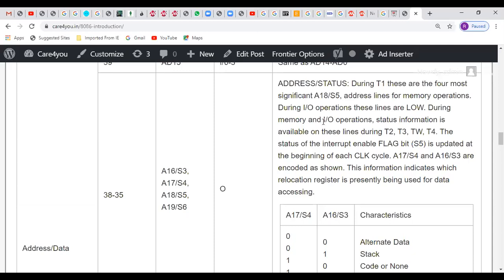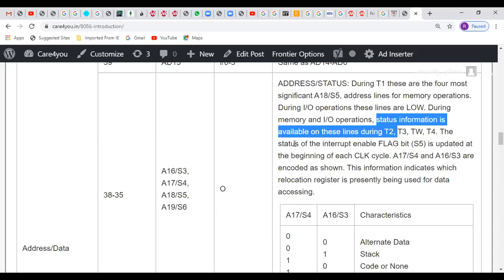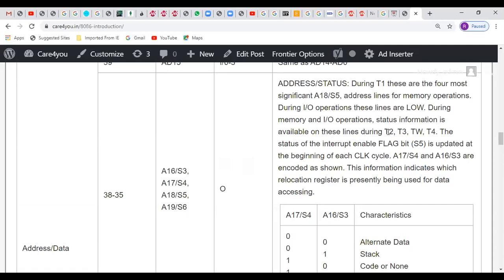During the memory and IO operations, the status information is available on these lines, during timing pulse T2, T3, TW waiting, and T4. So these are my different timing cycles, different states, T states that you call.